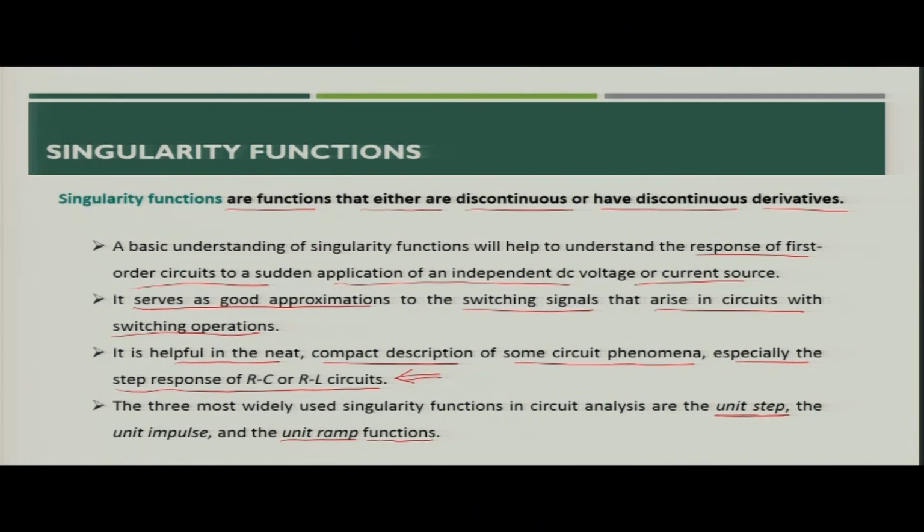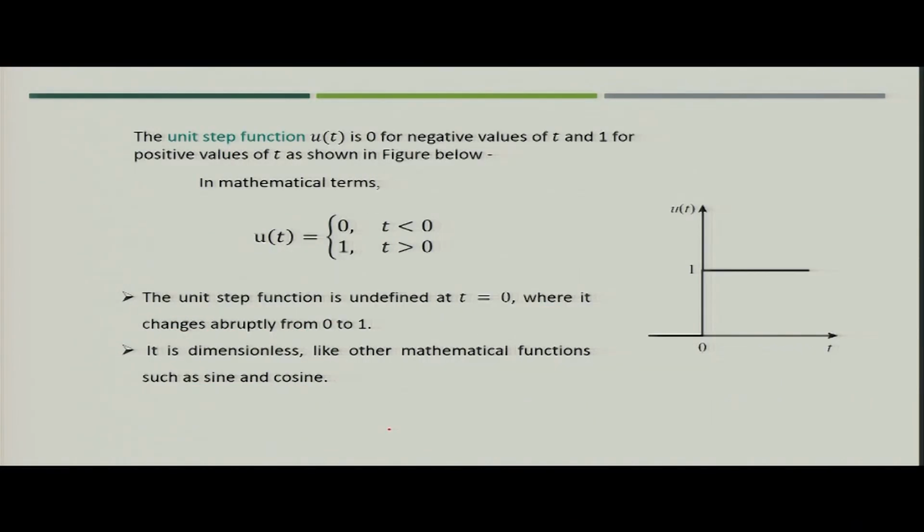Before that, let us understand the various functions which we just mentioned, like unit step, unit impulse and unit ramp functions. First, let us see what the unit step function is. The unit step function is 0 for negative values of time t and 1 for positive values of time t, as shown in the figure.